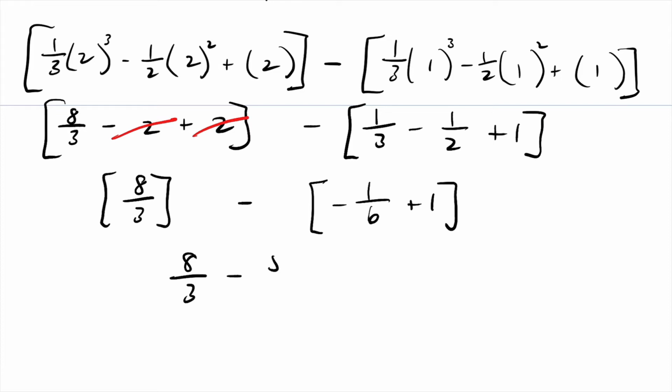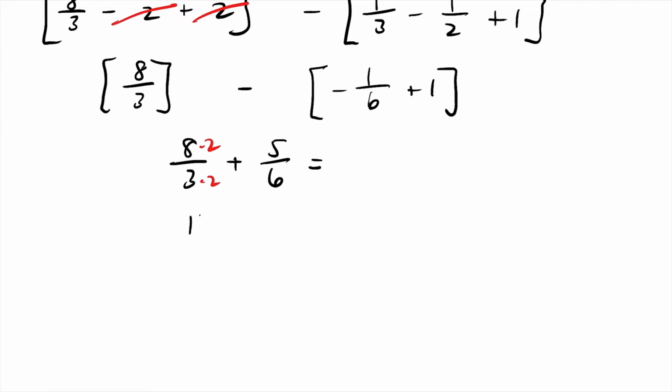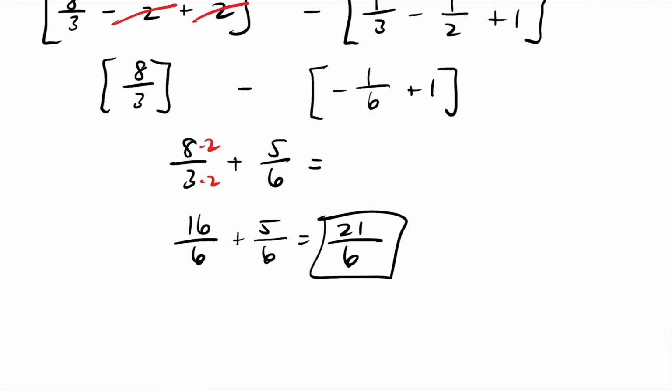So you get 8/3 plus 5/6. Common denominator, again, is going to be 6. So you'll have 16 over 6 plus 5 over 6, 21 over 6.